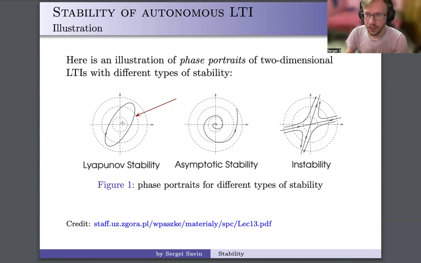It doesn't have to be like that. It can just stay in place, but it can also go in orbits. Asymptotic stability implies that you eventually go towards the origin. Again, we're talking about linear systems, where the only solution is the origin, all right? The only solution is the origin.